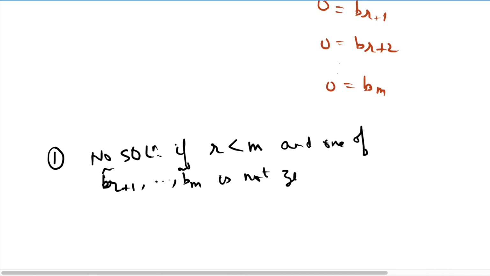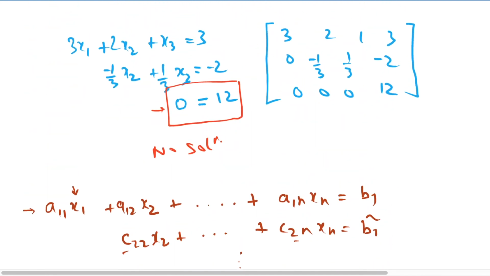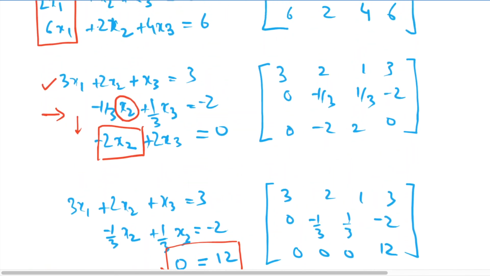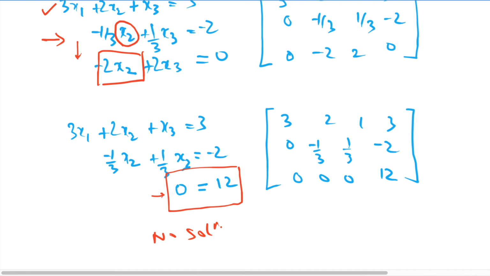This is the example that we saw in the last case, where we arrived at 0 is equal to 12, so there is no solution.